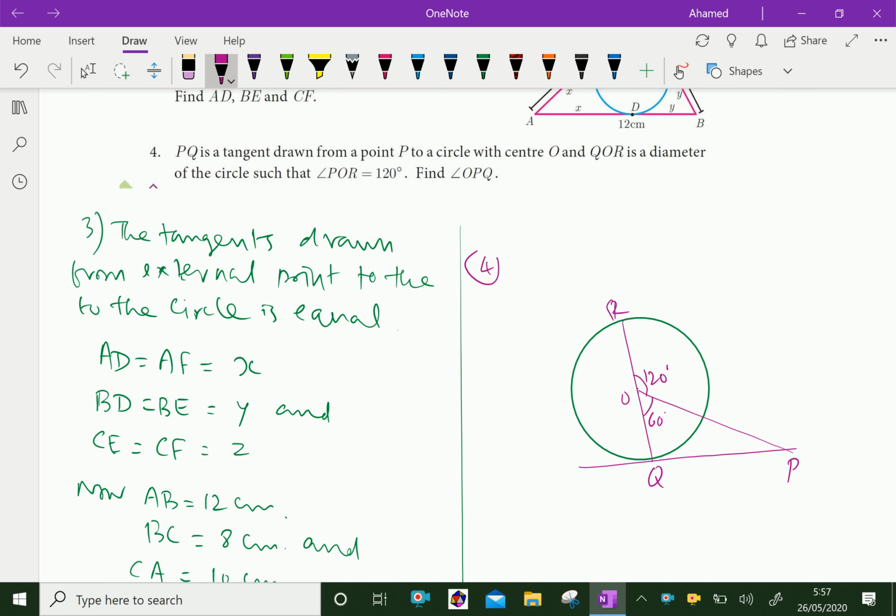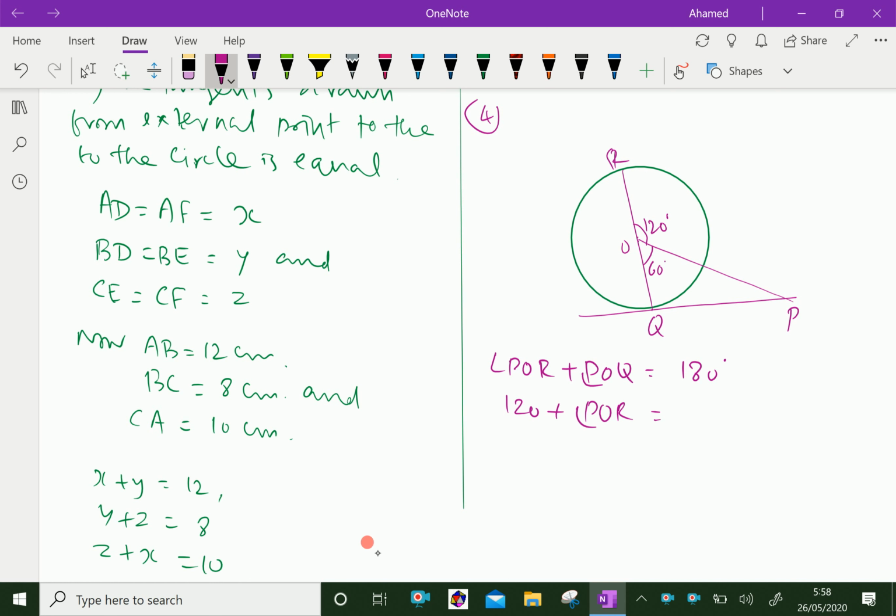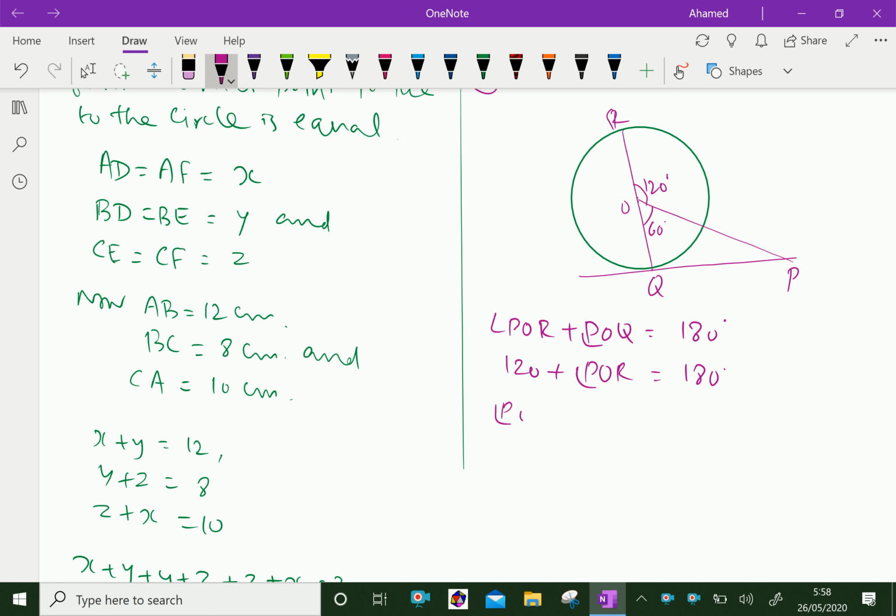Now look at this. Angle POR plus angle POQ is 180 degrees because it is a straight line. Then you can say 120 plus POQ equals 180 degrees. Therefore angle POQ equals 180 minus 120 equals 60 degrees.